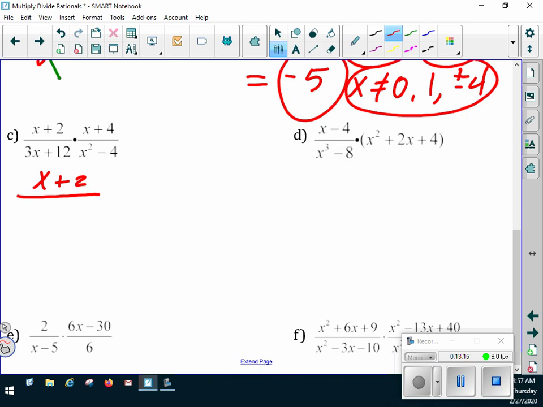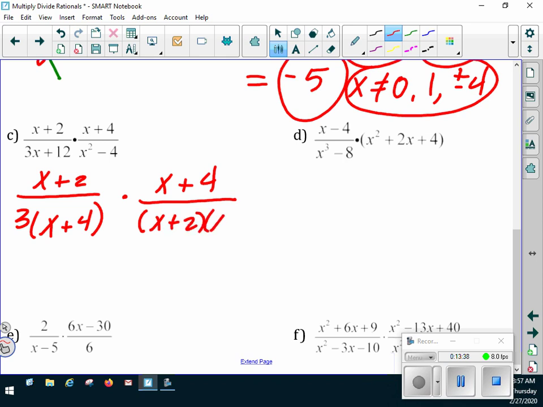Do you have a GCF in the bottom? Backwards. 3 times x plus 4 times, good, because what's that denominator? Good, it's a difference of two squares.